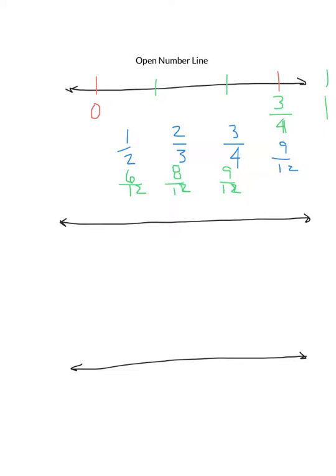Well, if we think about breaking this down into parts of 8, then roughly our 8/12 is going to fall right there. And remember, 8/12 is the same as 2/3. Then our 1/2, well, the unique thing about the 1/2 is when you break it up, the 1/2 is falling right there. So really, in this open number line, all of our numbers fall towards this end because we allowed 3/4 to be our greatest value.